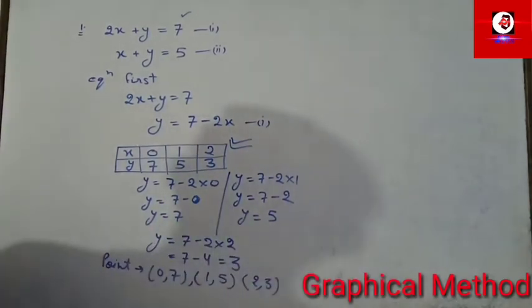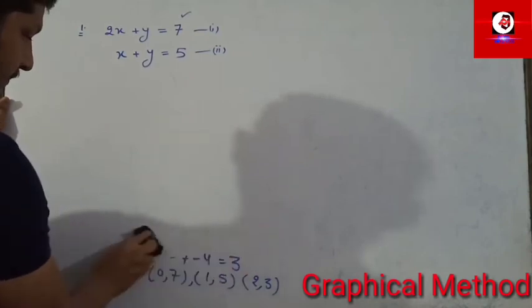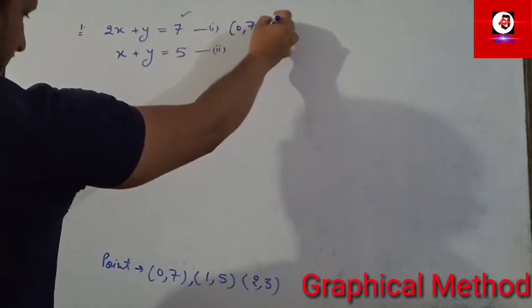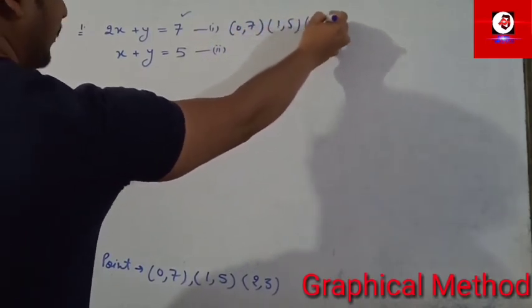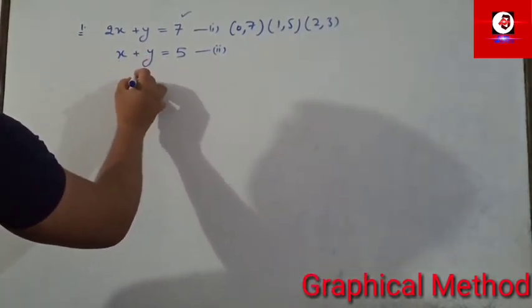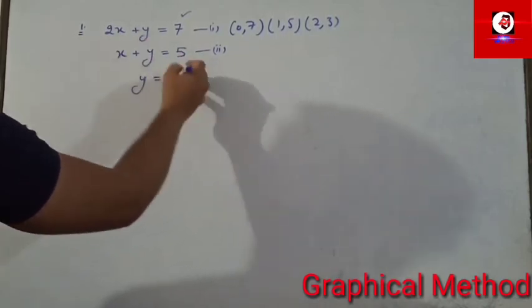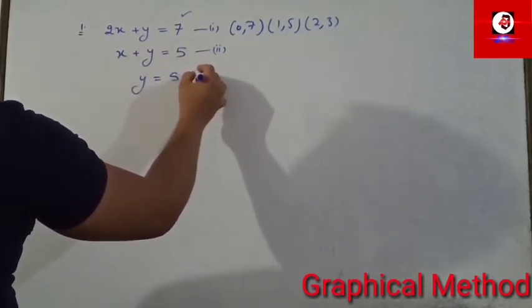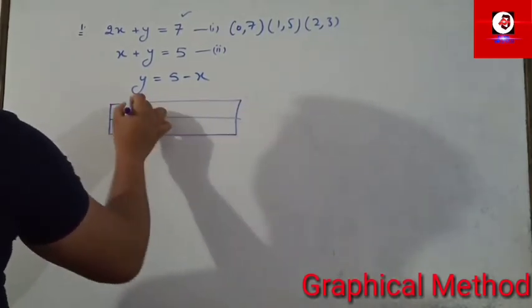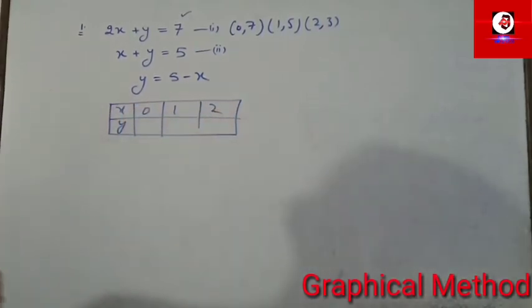These are the coordinates for equation 1 to represent on the Cartesian plane. Now we will solve equation 2. Take y alone and transpose x to the RHS. Again we will take 3 points, any points, but I suggest you always take 0, 1, 2.